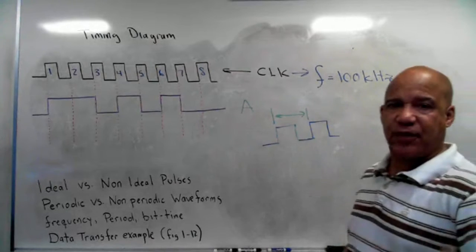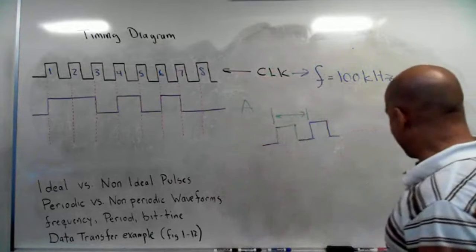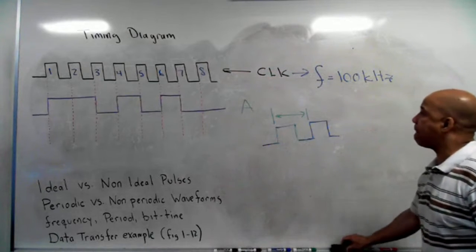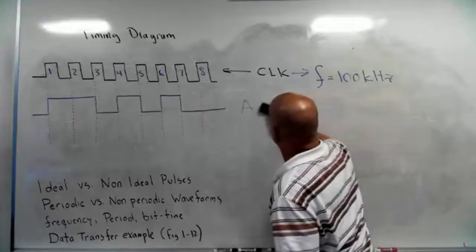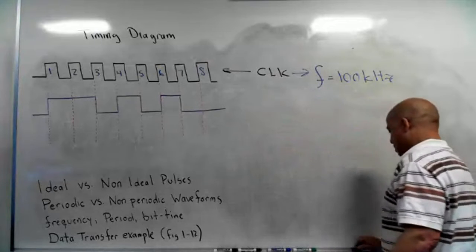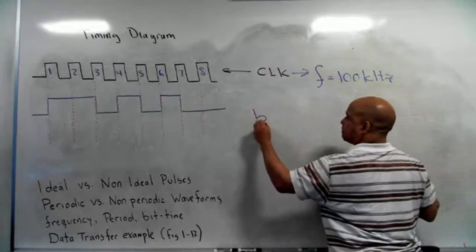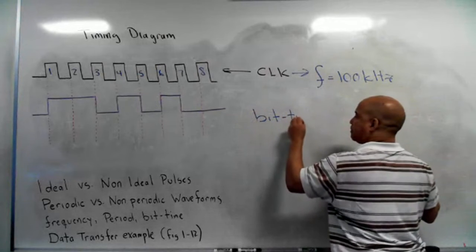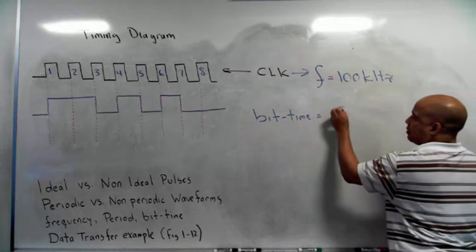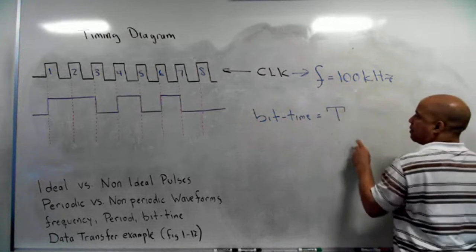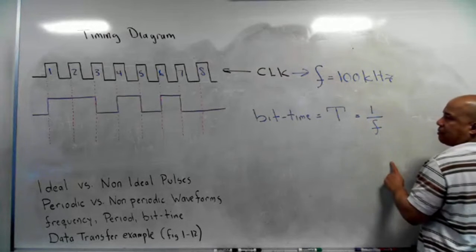So the first thing you do is figure out the bit time. Remember, I said the bit time is equal to the period of the clock, and that period is equal to 1 over the frequency.